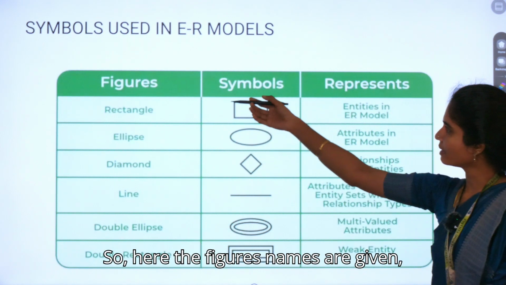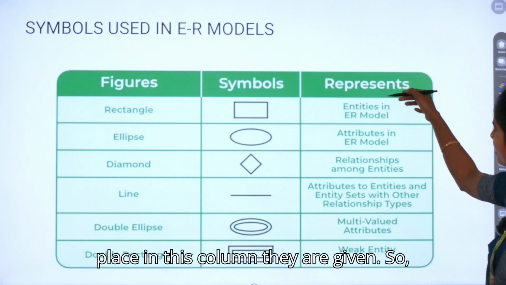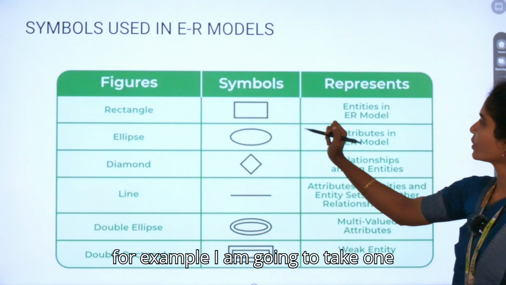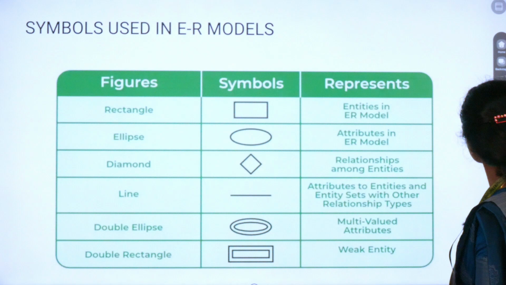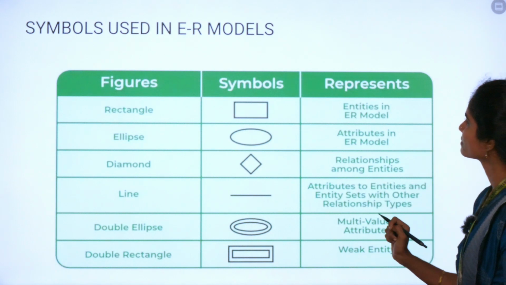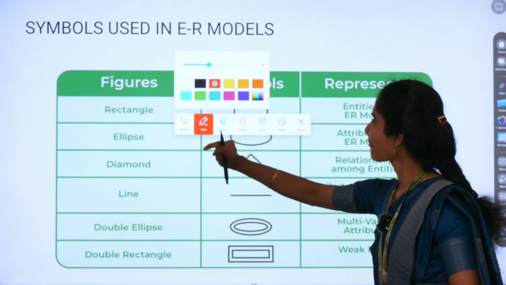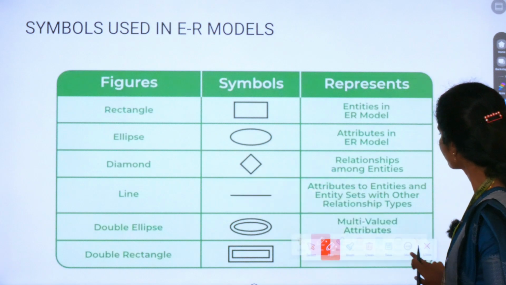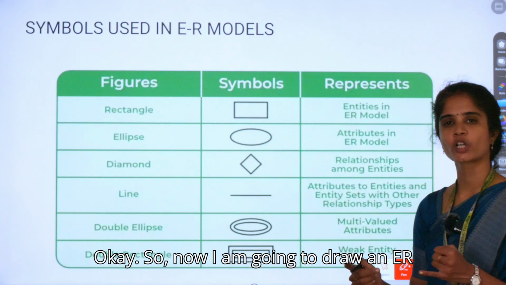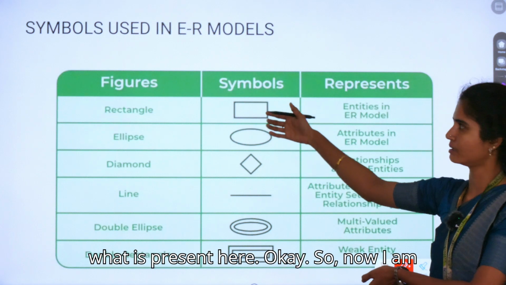The next question: what are the symbols used in ER models? Here the figures, names and symbols are given, and the representation each one takes is given in this column. For example, I am going to take one relationship, between student and college. Now I am going to draw one ER diagram, and with the help of that we can understand the symbols present here.